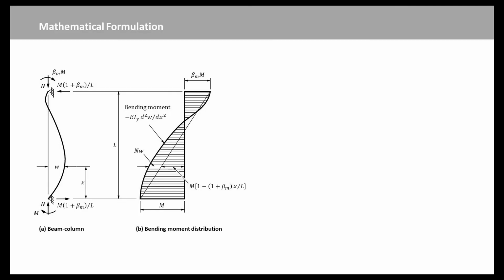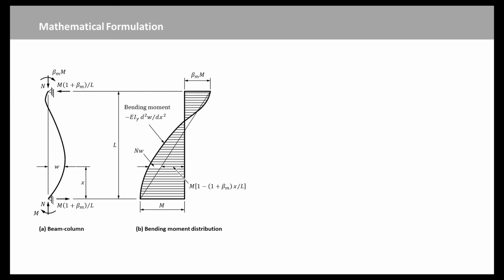Next, we will introduce the elastic beam columns. A beam column is shown in Figure A, which is acted on by axial forces N and end moments M and beta M times M, where beta M can have any value between -1, single curvature bending, and +1, double curvature bending.